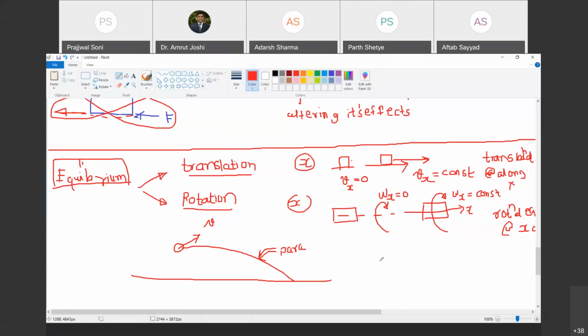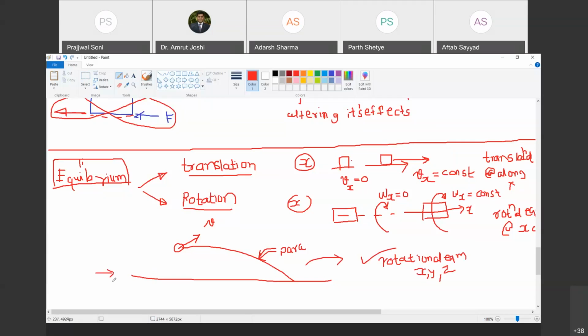Do you agree with me? The body is not rotating about X, Y or Z axis. So it is in rotational equilibrium about all the axes. Yes sir. Rotational equilibrium about X as well as Y as well as Z axis is there in this case. Are you with me? Yes sir.